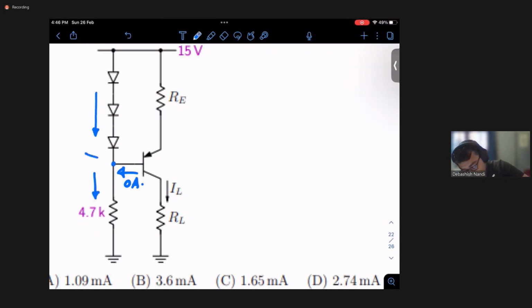So what was the potential at this point? 12.9 volt, right? So what is this current? Let's say this is I2, and let's say this is I1. So your I1 will be nothing but I2.